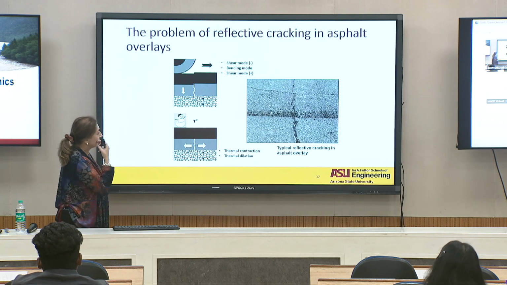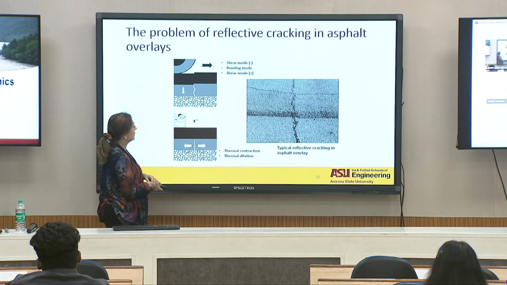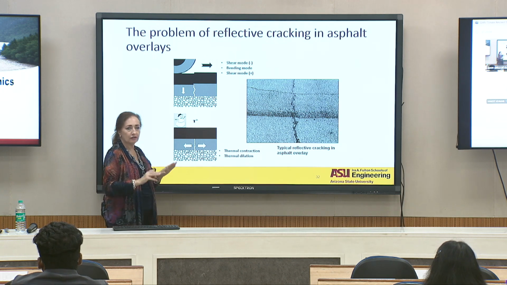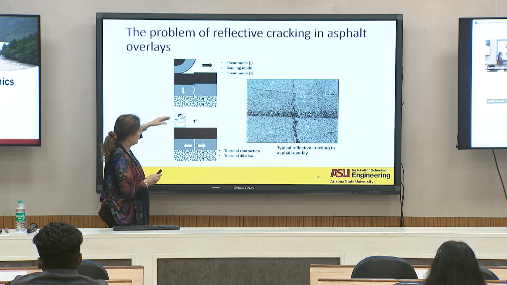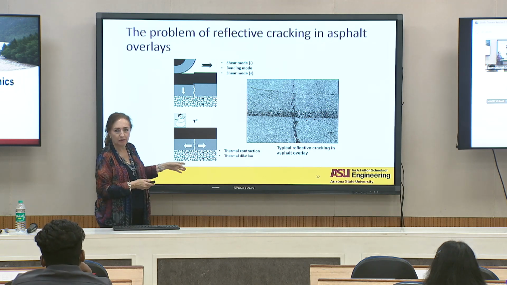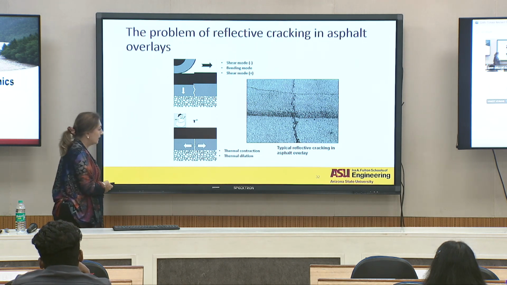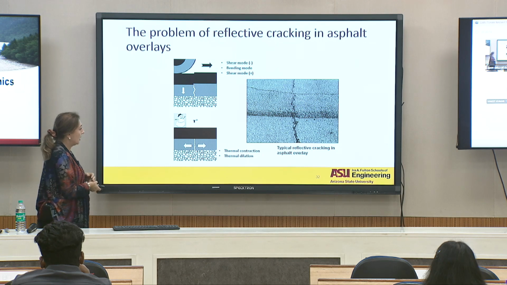The problem of reflective cracking in the asphalt overlays, it can happen because of shearing behavior. Okay, you got all these cracks going on in here, or just the bending. Those wheels are going on and they're just bending some and just getting into the cracking, or just basically thermal cracking as well. Okay, you got temperature changes and you start getting into the thermal contraction and dilation that will create a problem.